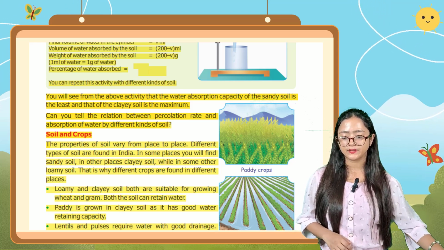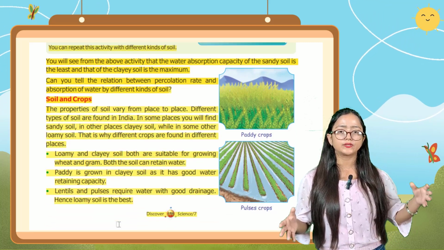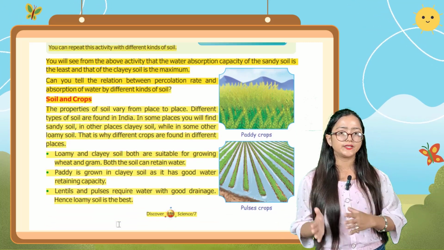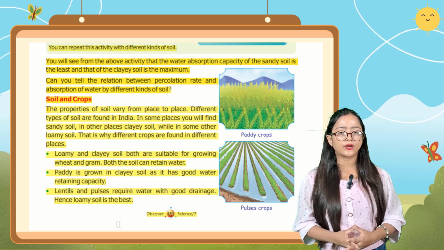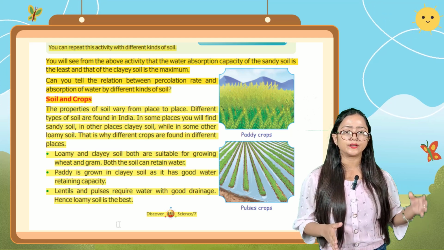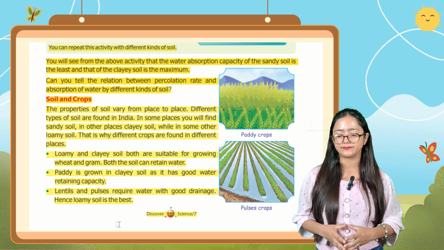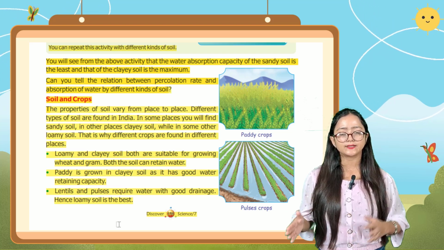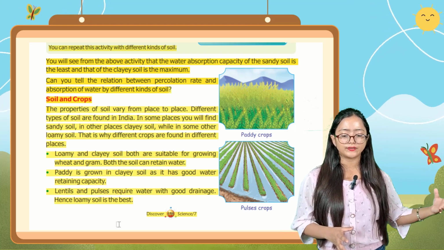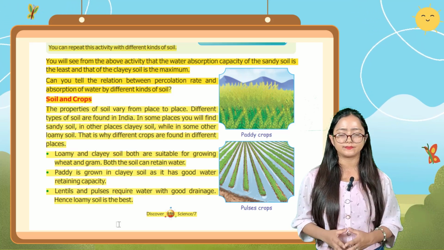So the first thing is loamy and clay soil both are suitable for growing wheat and gram. Both the soils can retain water. Next, paddy is grown in clay soil as it has good water retaining capacity. Next, lentils and pulses require water with good drainage, hence loamy soil is best.